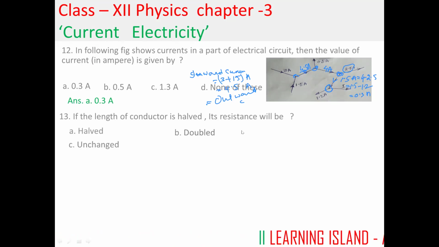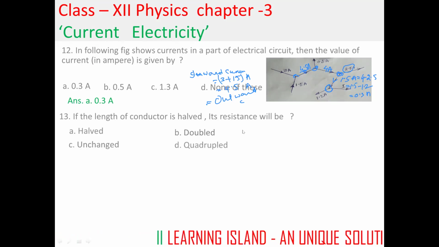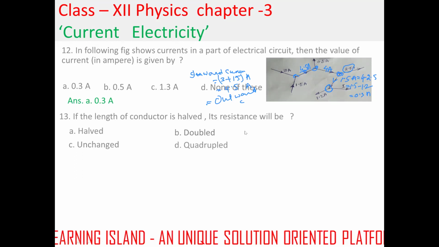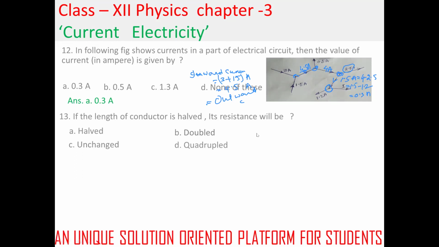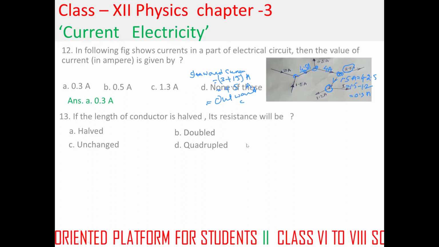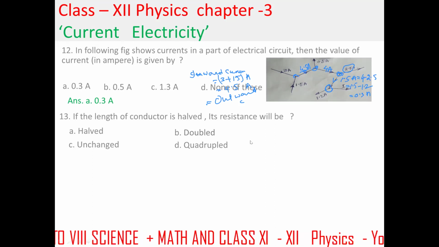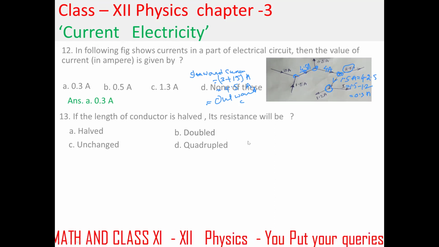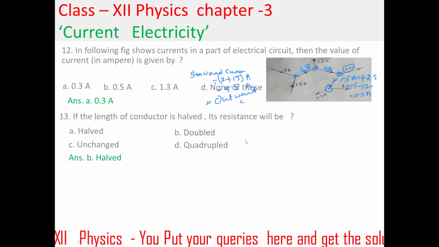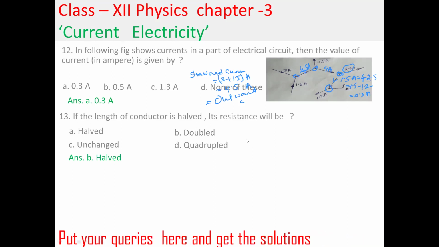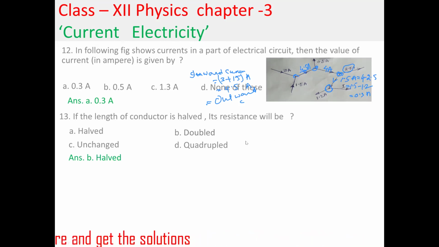Half, doubled, unchanged, quadrupled. You have done this in class 10, so I am not explaining this, otherwise the video will get lengthy. So let us see the answer. Halved. If the length of the conductor is half, its resistance will become half.